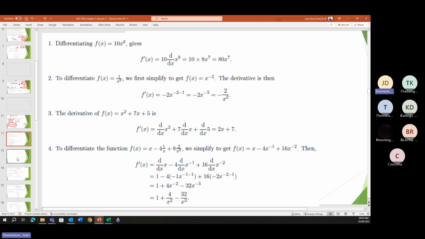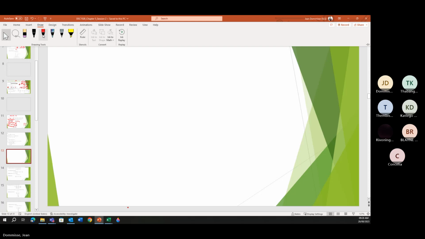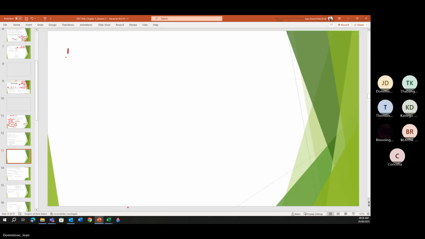Okay, so the first one that we're going to look at is 1 over x to the power of 2. We're still going to use the power rule.